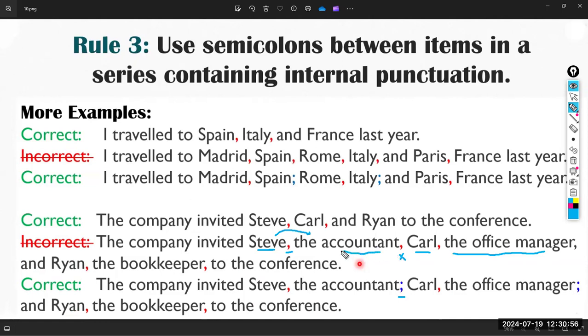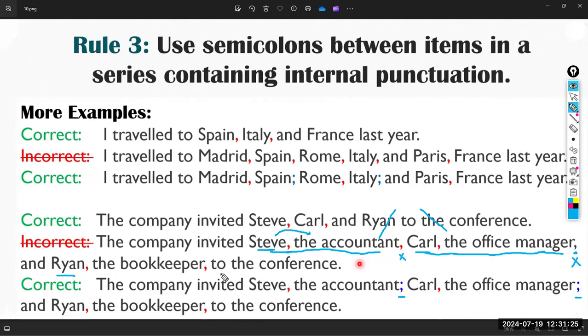So we have here the same category. This is a different category. So I have to separate two different categories using a semicolon, but not a comma. And we have a new person who is Ryan, and Ryan is the bookkeeper. Because here we have a different person with a different category, notice that I have to use a semicolon, but I cannot use a comma.